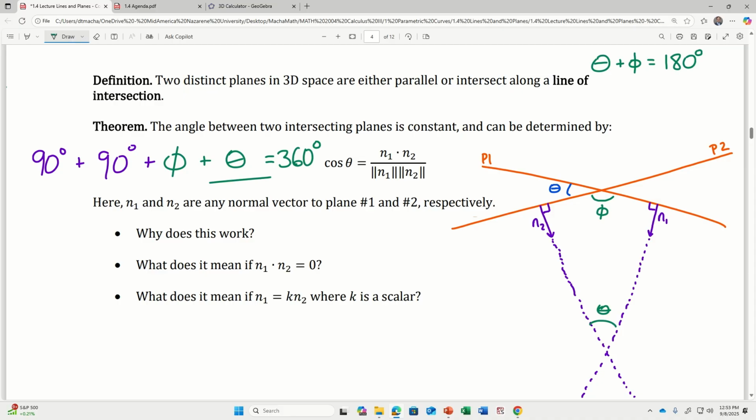What would it mean if the normal vectors have a dot product equal to 0? Yes. A dot product of 0 means that the normal vectors are orthogonal to each other. What does that mean for my planes if their normal vectors are orthogonal?